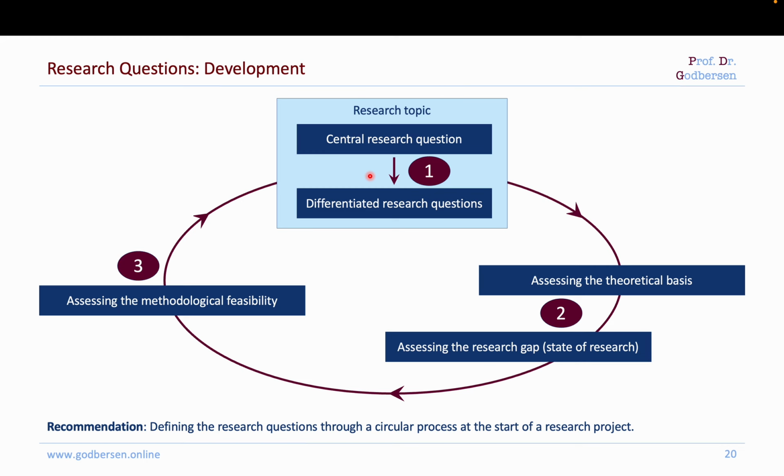Sometimes you need to pivot in a slightly different direction, and you go on until you have solid, top-notch research questions. Top-notch research questions are research questions that are solidly based in theory and existing literature, and for which you actually have a method that you can answer them with, and then it's happy days.